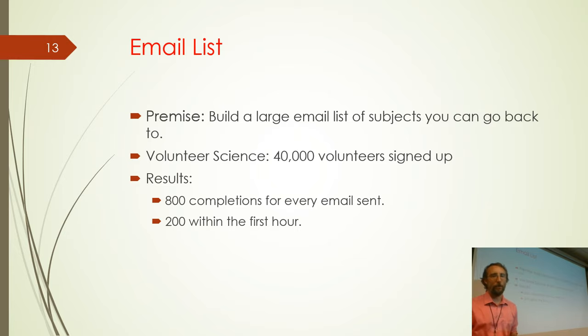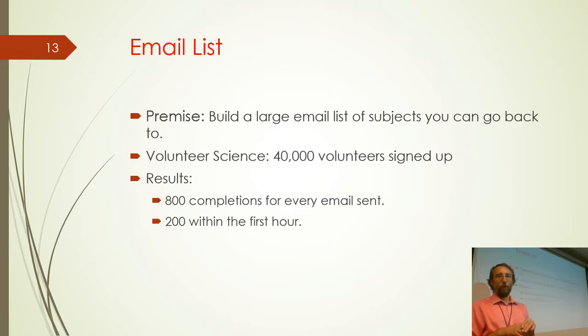And so the idea here is you want to build as large an email list as possible of the subjects who fit what you're looking for. For us, we've got 40,000 people who volunteered, signed up and filled out our demographic survey. And when I send them an email, I get about 800 completions in the first day or two after sending it. And I usually get about 200 people within the first hour respond to these emails and actually do a study, which is enough for us to do a decent group experiment.